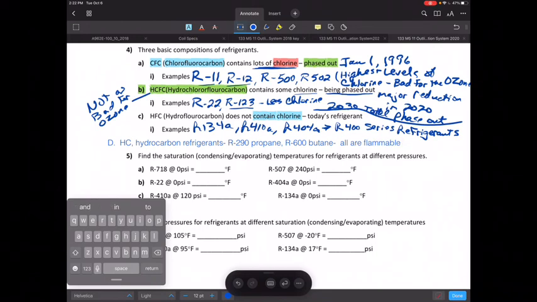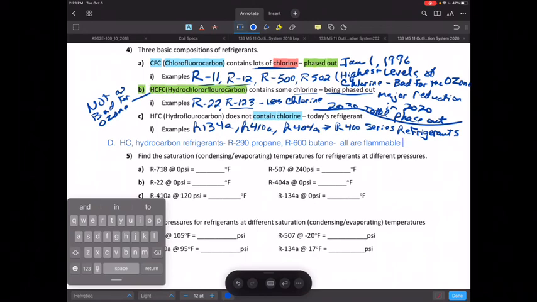So that's a little bit of a problem. Can you imagine going on a service call with a flammable refrigerant, and you're going to braze a line, or you're going to do some process where there would be a spark? It really creates some service issues for us. So that's one of the concerns that we would have.